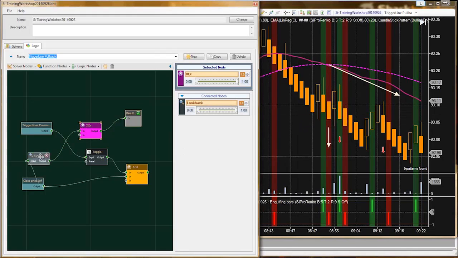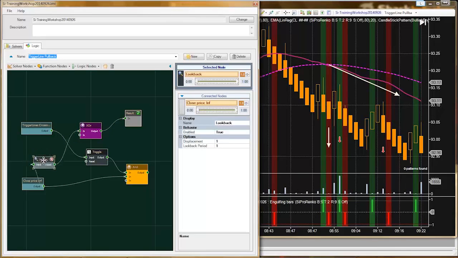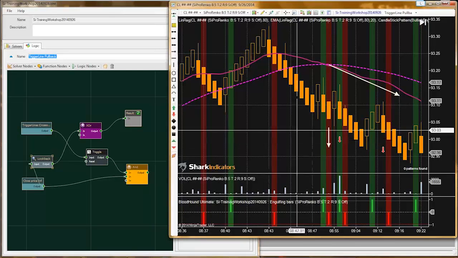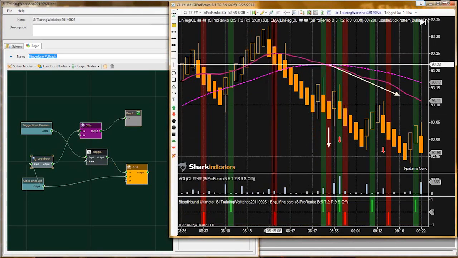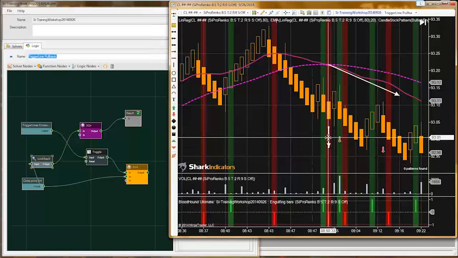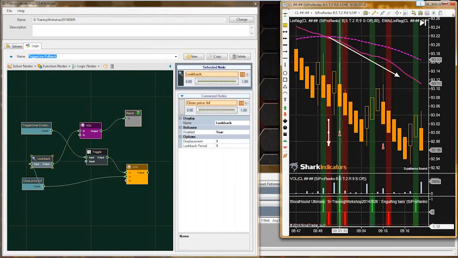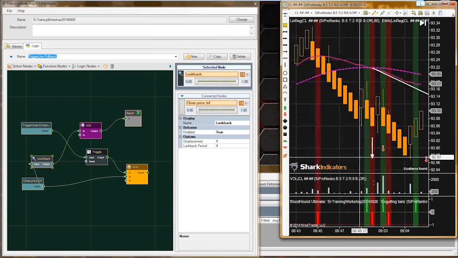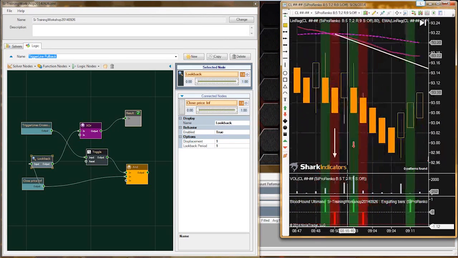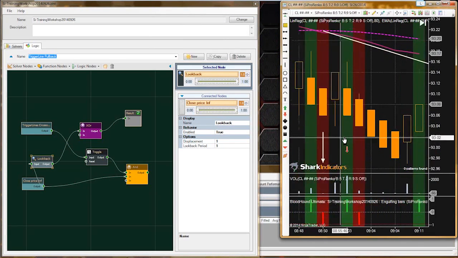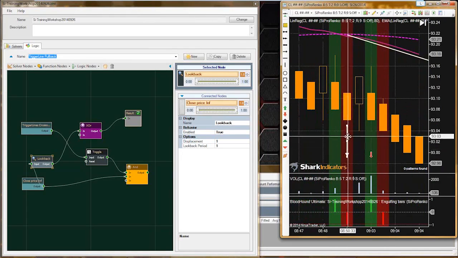And keep in mind, we're looking at the inflection signals that are delayed by one bar, so that's why they're one bar behind. Now keep in mind, we're interested in this one bar here.